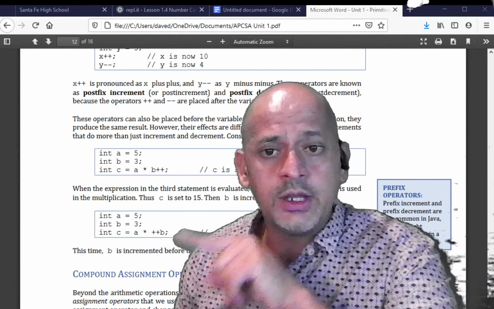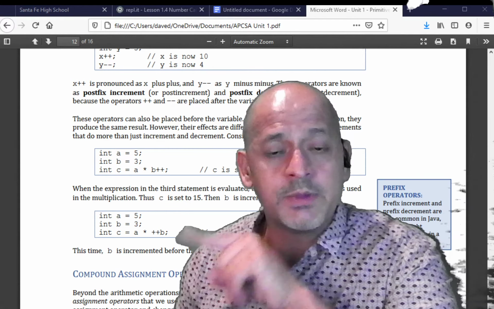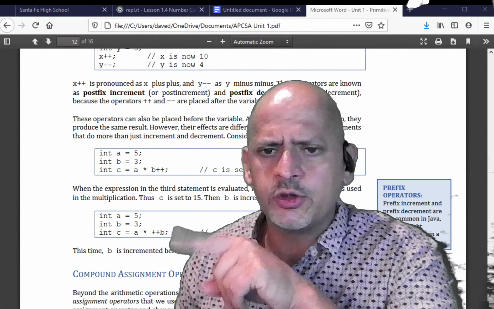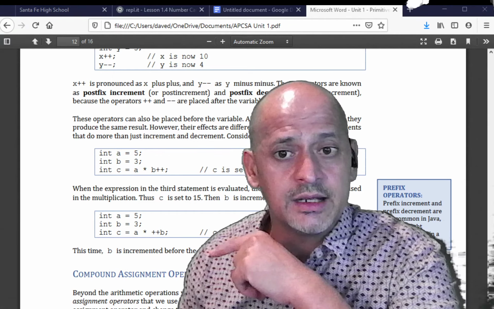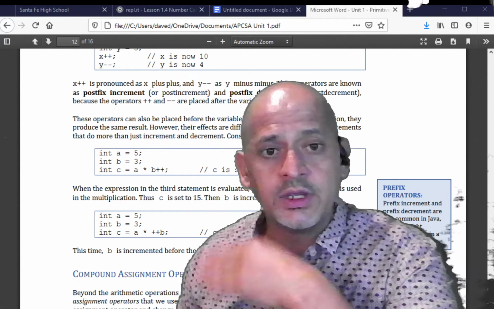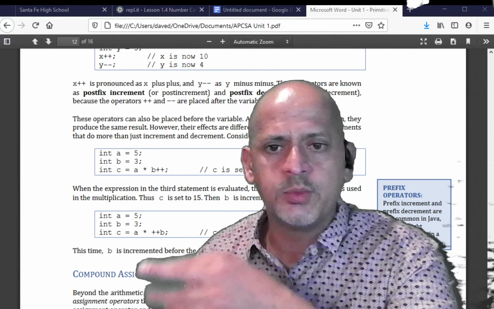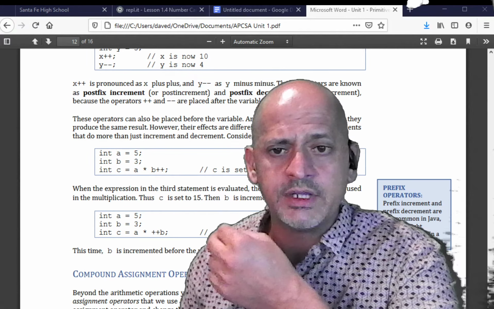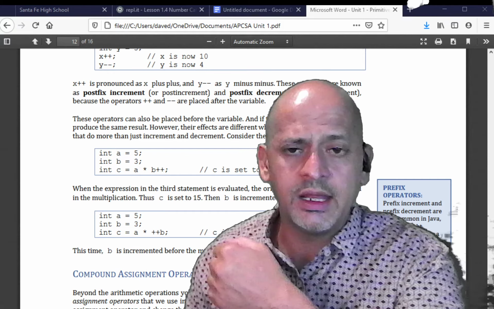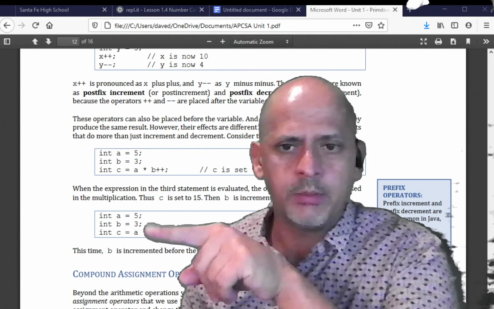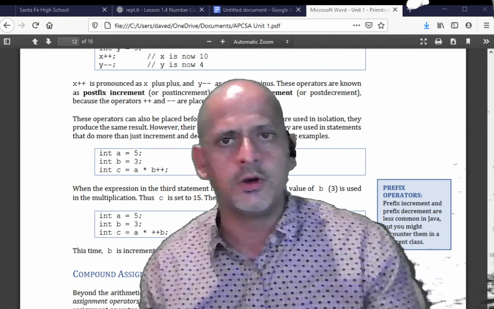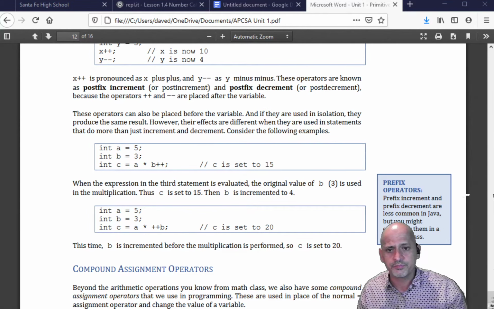You can also place a plus plus beforehand, but in this class we're not going to be using this. So you might want to make a note to yourself. It means that it's going to increase the value before and then do the operation. But for now, don't worry about this part. I just left it there for you to have as a reference.